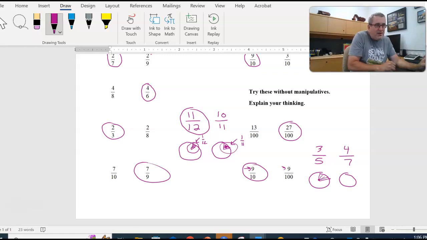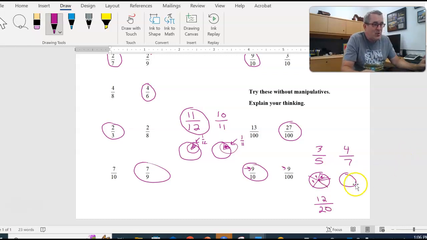Now, why 4? Because I want us to think about 3 of those fifths, each one of those fifths broken up into 4 pieces. So 4 pieces here, 4 pieces here, 4 pieces here. That would be a total of 12. And if I did that to all of the fifths, 4, 4, 4, 4, 4, there'd be a total of 20.